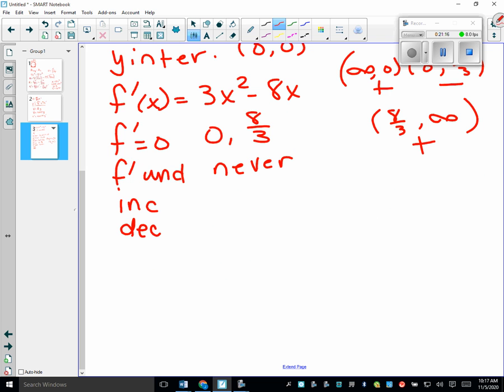So it is increasing from negative infinity, that should be a negative right there, to 0, and from 8/3 to infinity, it is decreasing from 0 to 8/3.